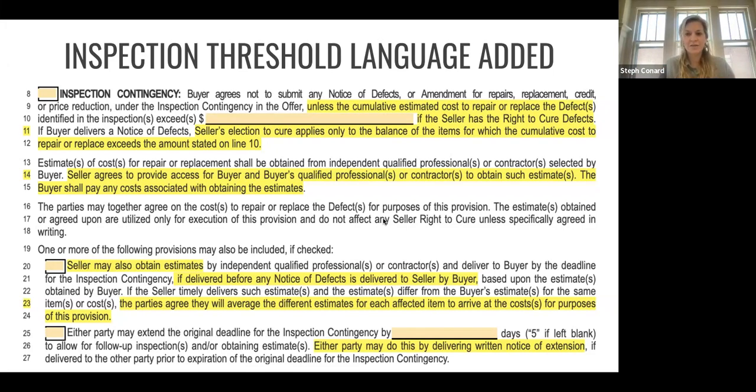This is a question and a point of confusion we have learned. So if the seller has received a notice of defects, the threshold amount that the buyer put in this provision is 5,000, and the cost to repair the defects is 10,000. The seller is only obligated to cure $5,000 of those $10,000 in repairs.